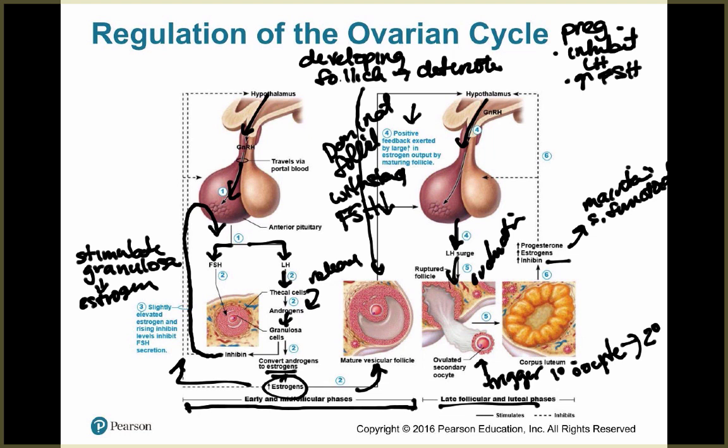And basically this inhibin here will enhance the inhibitory effects so that the pregnancy can continue. Basically what's going to happen is declining luteinizing hormone is going to end the luteal activity and inhibit follicle development.